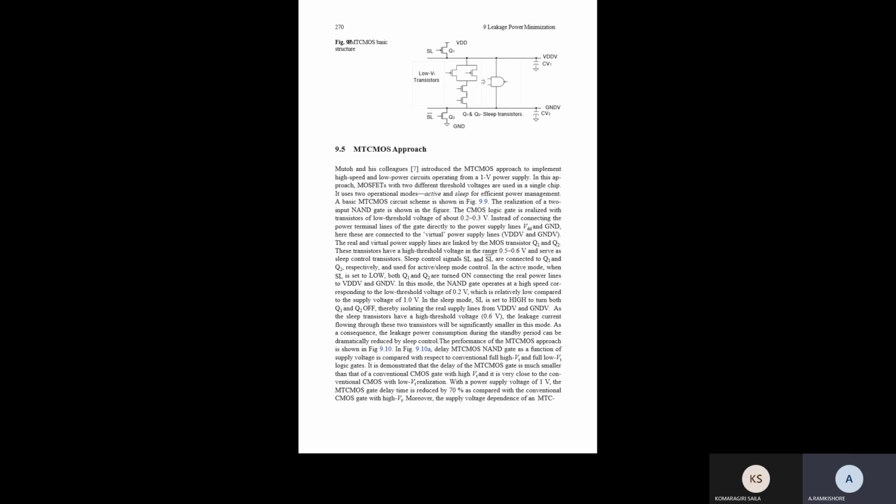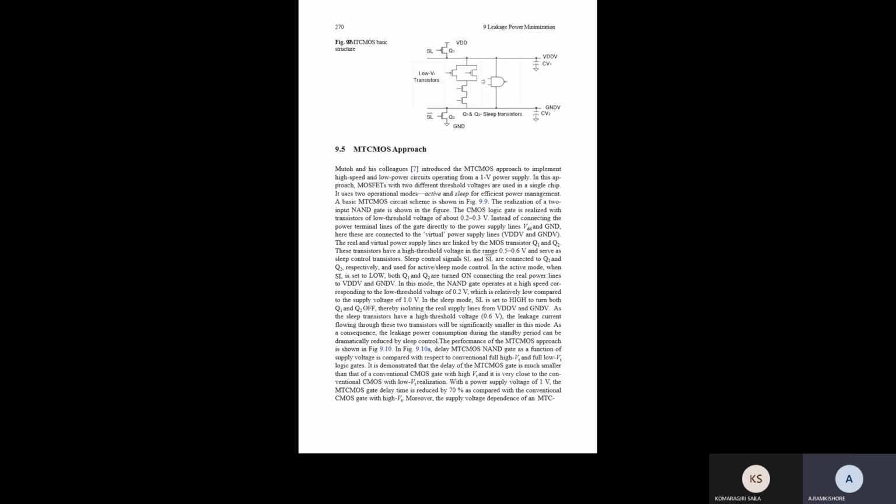The sleep control signals, SL and SL bar, are connected to the Q1 and Q2 transistors, and these signals are mainly used for active or sleep mode control. In the active mode, SL is set to low.